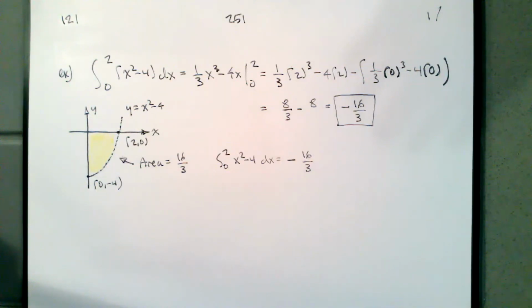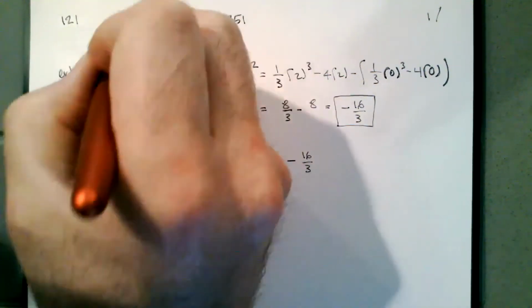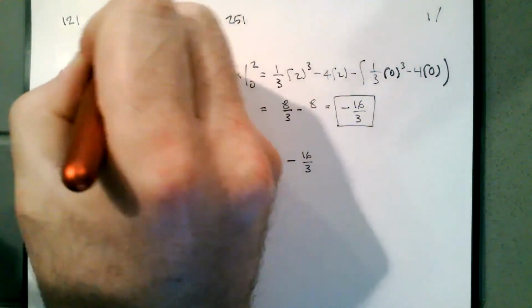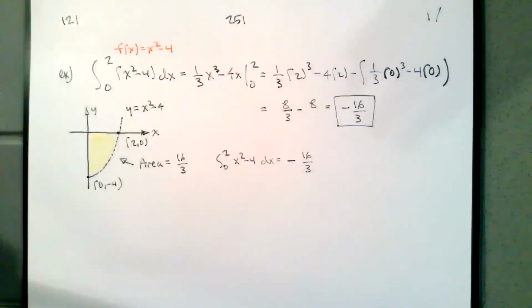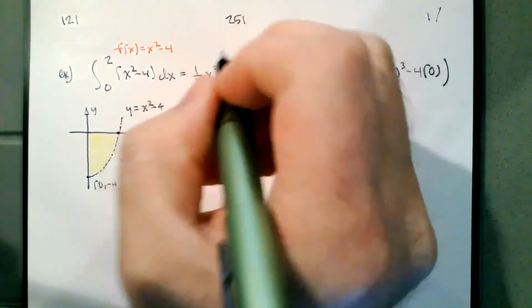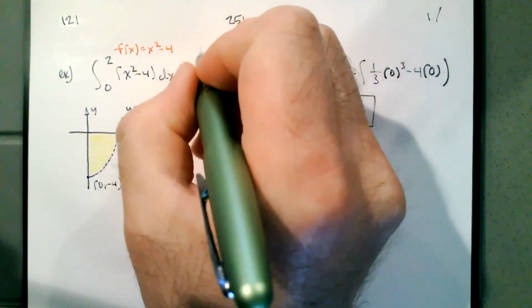So here, little f is the x squared minus 4. That's the function that we're integrating. And capital F, an antiderivative of little f, is 1/3 x cubed minus 4x.